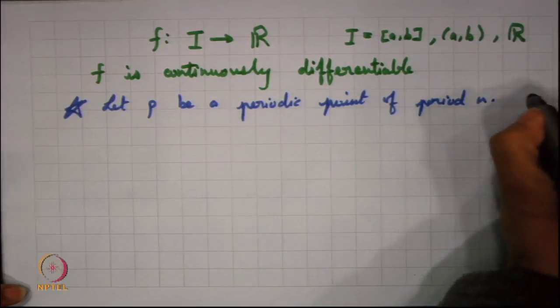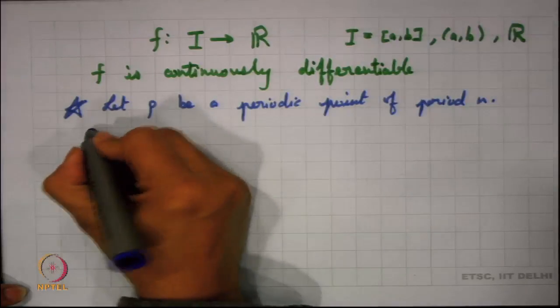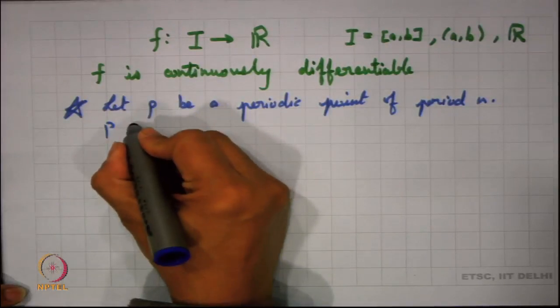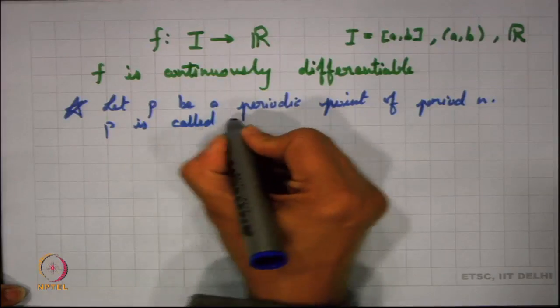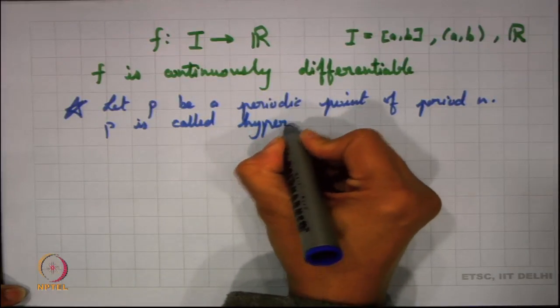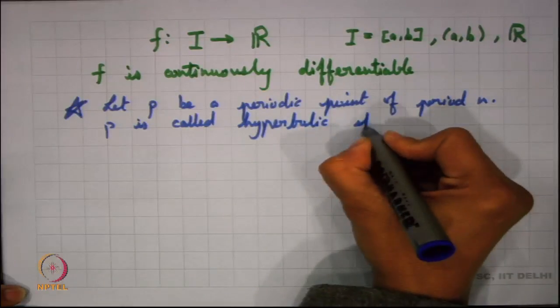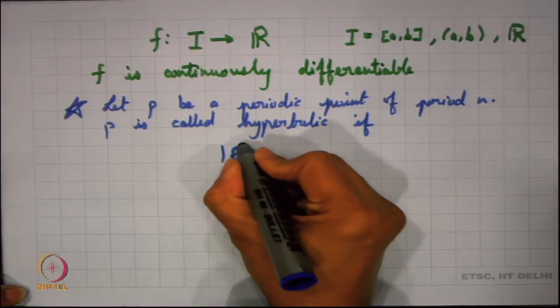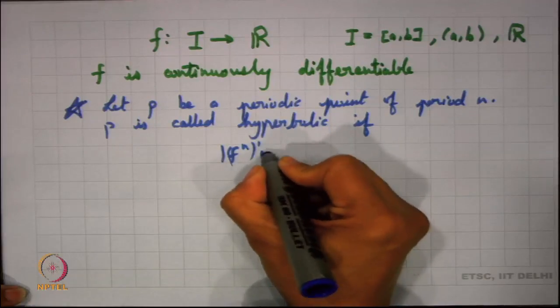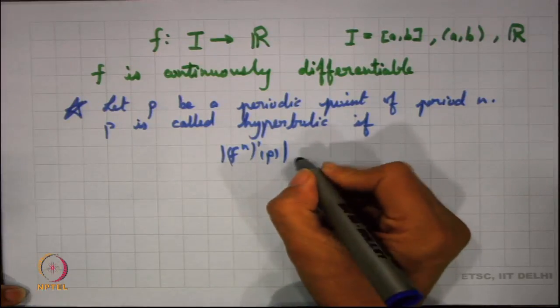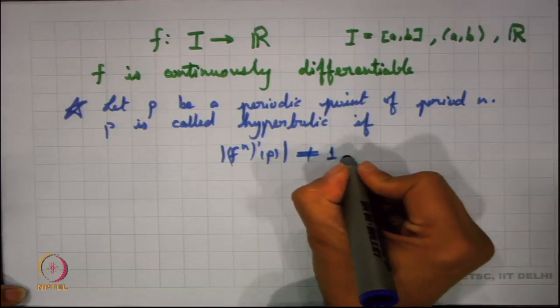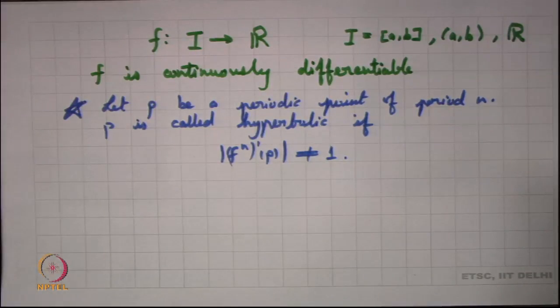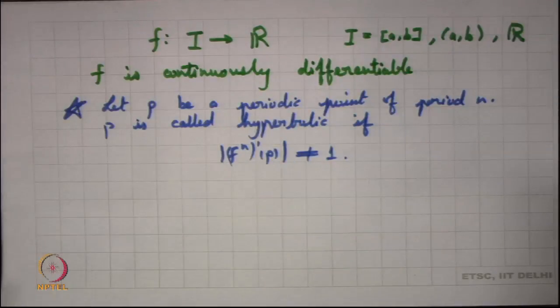Then we say that this point p is called hyperbolic if I take f^n, I take its derivative, the value of this at p is not equal to 1. So, we say that we have a hyperbolic periodic point if the period is n, and if I take the derivative of f^n at p, then the modulus of that is not equal to 1.